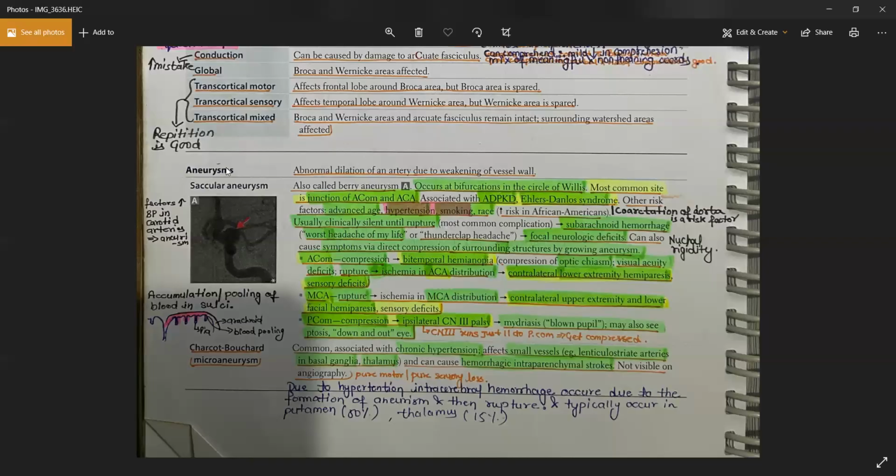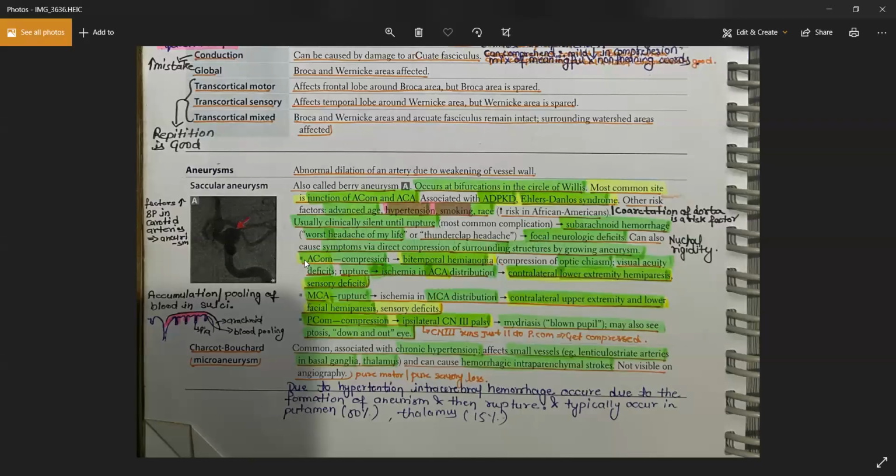Now, once the aneurysm is expanding, it can compress nearby structures, and symptoms can happen because of that compression. The patient can get focal neurologic deficits because of the expansion of this type of aneurysm.